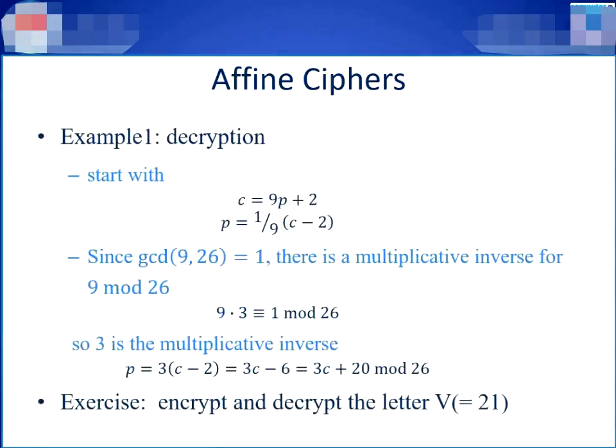Let's decrypt it. For decryption, we will start with the encryption algorithm. The natural way to find the plaintext from this equation is, without taking the modulo part into account, to calculate p as c minus 2 divided by 9. Since the greatest common divisor of 9 and 26 is equal to 1, we can find the multiplicative inverse for 9 modulo 26.